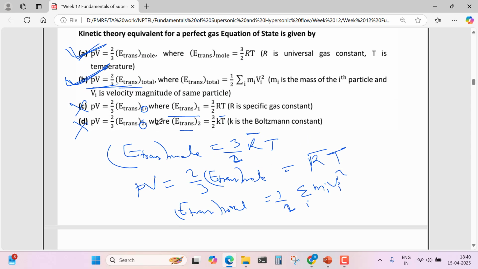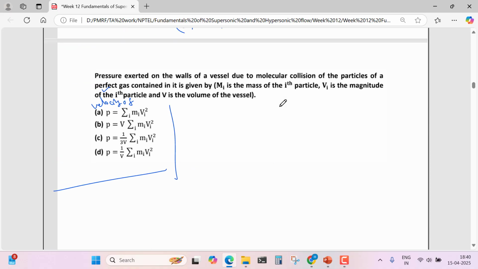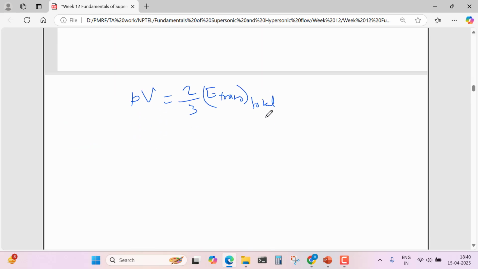If you see from the previous problem, we got that PV equal to 2 by 3 E translational total. We got this from kinetic theory of gases only, which considers the molecular collision of the particles with the vessel. And we also got that E translational total is nothing but 1 by 2 sigma i mi vi square.